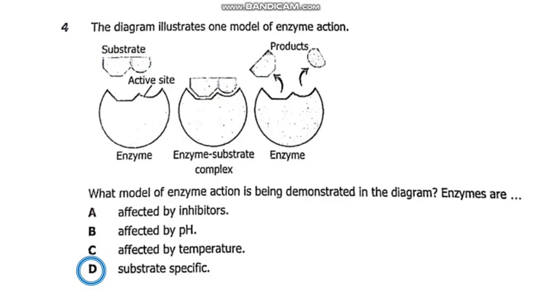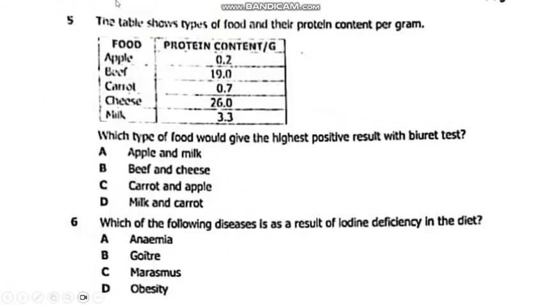Okay, so we now move on to our question 5. The question reads, the table shows types of food and their protein content per gram. We have food apple, protein content per gram 0.2.